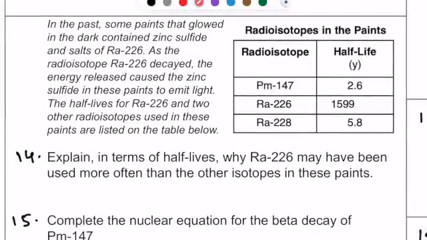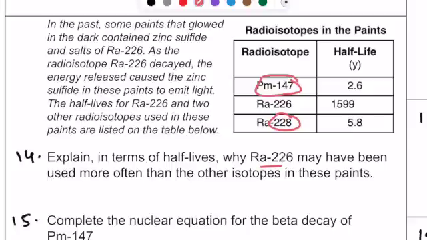Explain in terms of half-lives why radium-226 may have been used more often than the other radioisotopes in these paints. You can go ahead and compare the half-life of radium-226, radium-228, and the other one. I wonder if you have this isotope in Table N. But even if you don't, and even if you can only compare this with radium-228, that is fine, because you can just make your decision based on that.